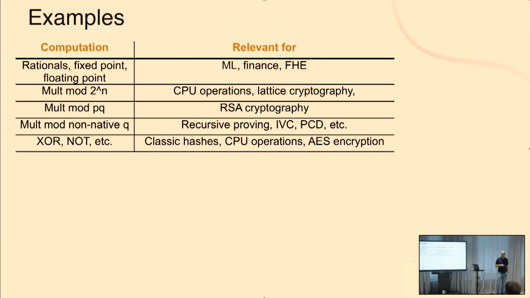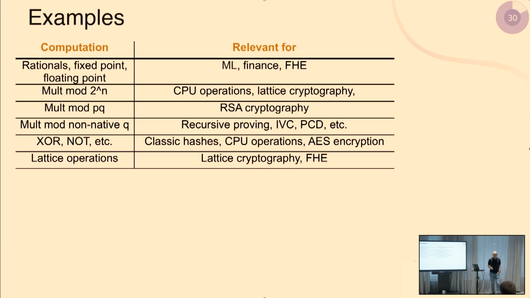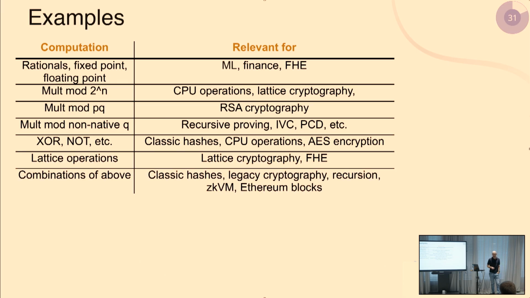Bitwise operations, exclusive or, not, bitwise and so on, relevant for classic hashes, SHA-256, Keccak. SHA-256 and Keccak are a bit painful to prove today, and also legacy cryptography, AES encryption, and lattice operations for lattice-based cryptography, and combinations of the above.